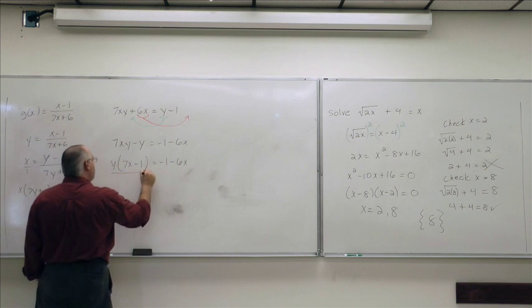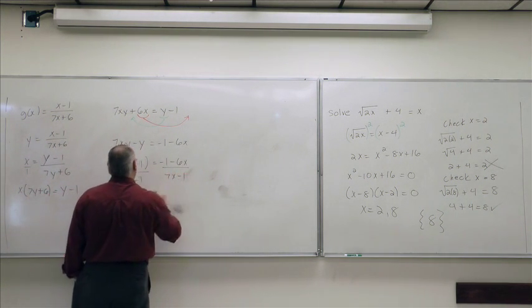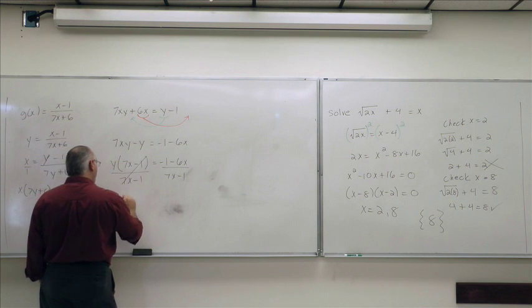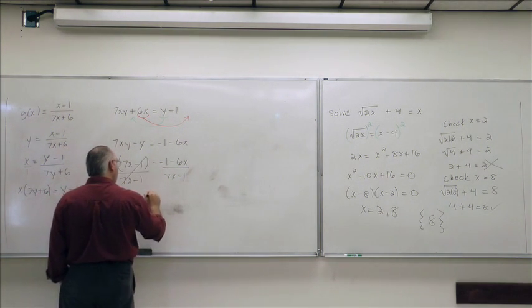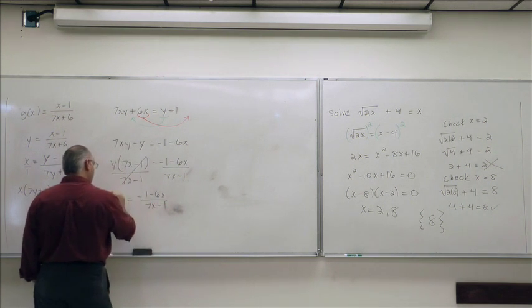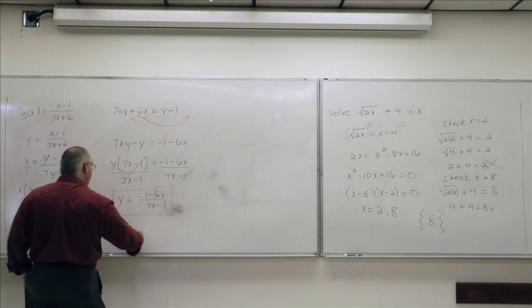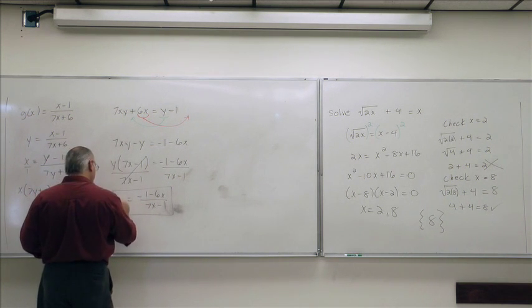What do we do? Divide by the something. So y is equal to negative 1 minus 6x over 7x minus 1. And that's actually g inverse.